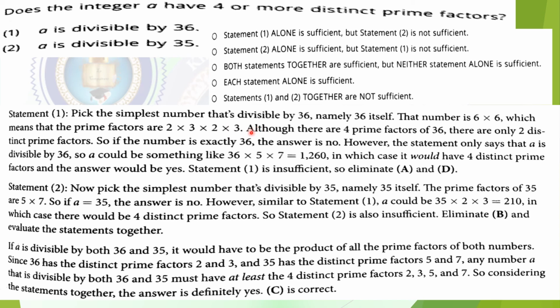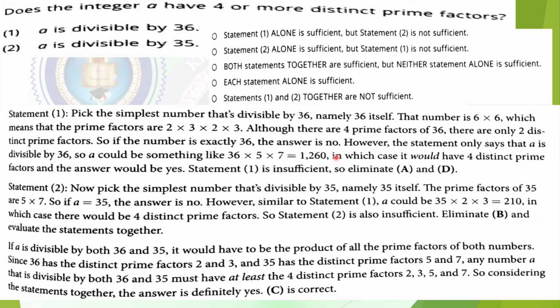Okay, A is divisible by 36. If you take 36 itself, you do not get 4 different prime factors. But A divisible by 36 could also be 1260, which is exactly divisible by 36.